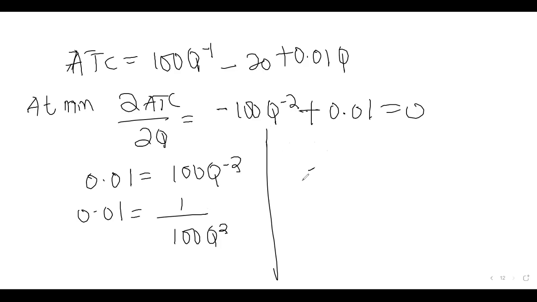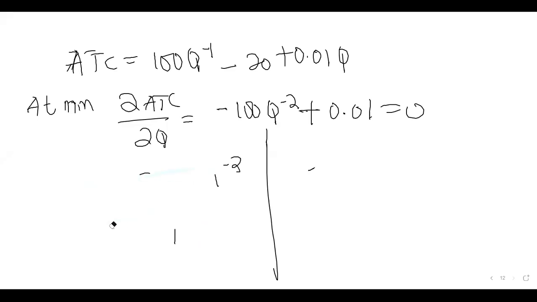Okay, I think there's an error somewhere. So we have negative 100Q to the power negative 2 plus 0.01 equal to 0.